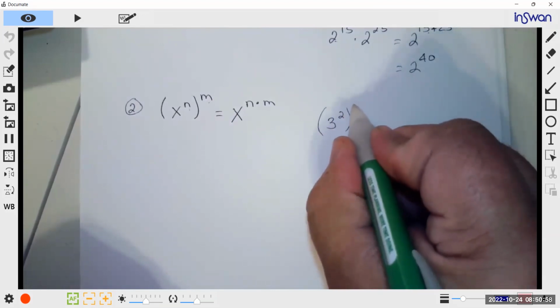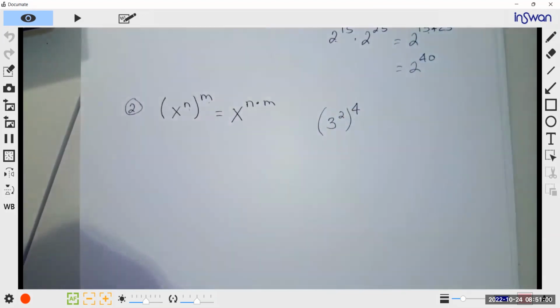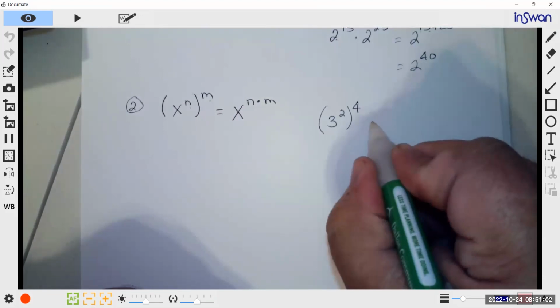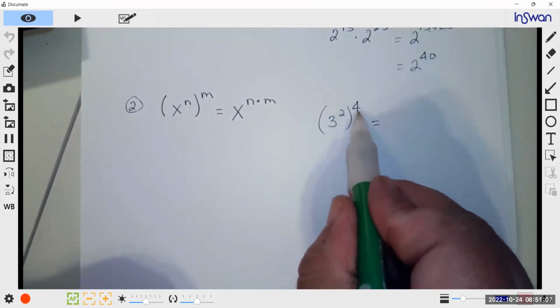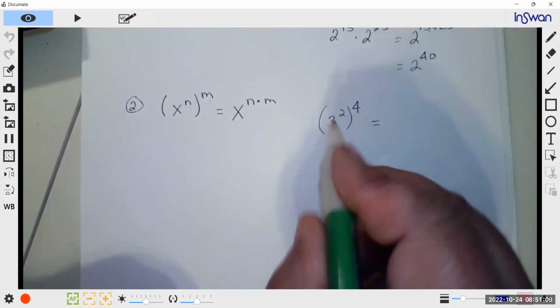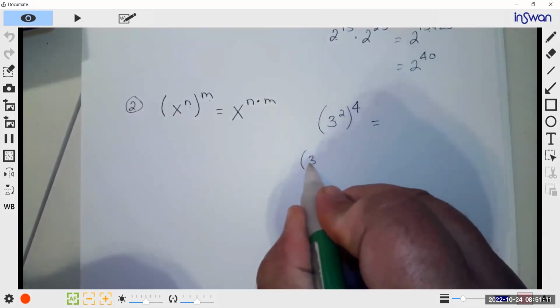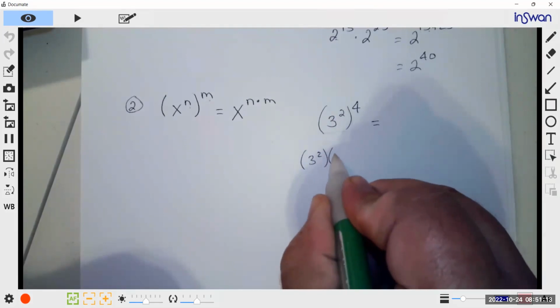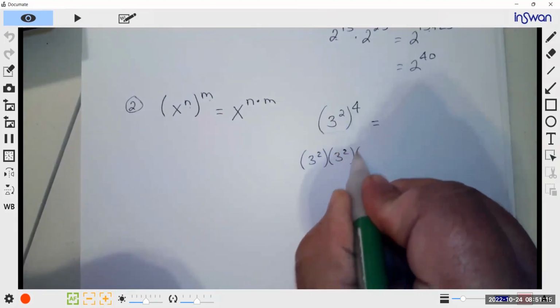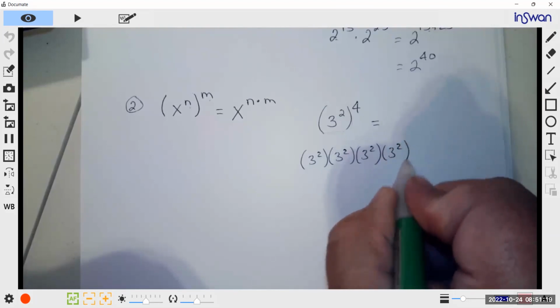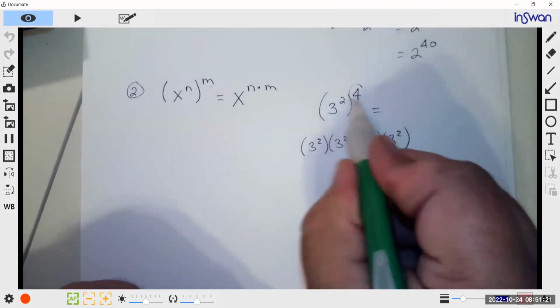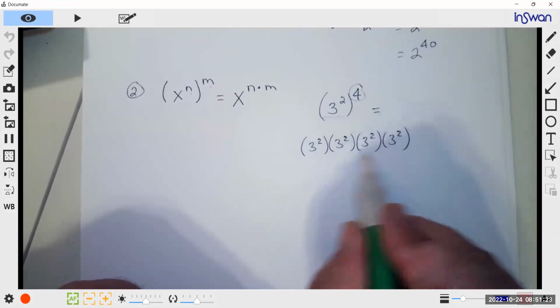For example, what this thing says, there's my exponent. I have to take this 3 squared, I have to do it 4 times. I have to take the base and multiply it 4 times.